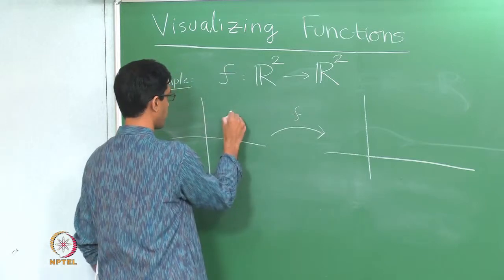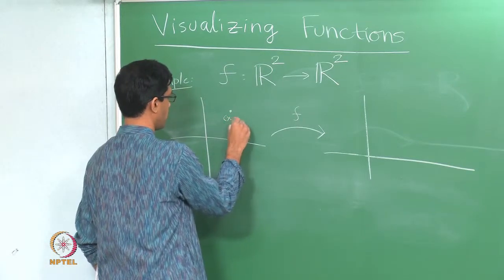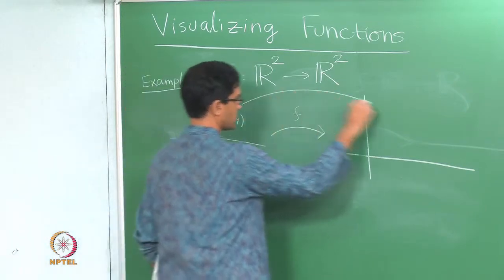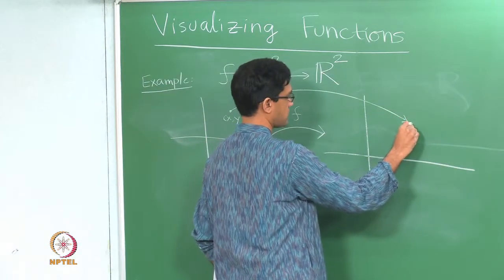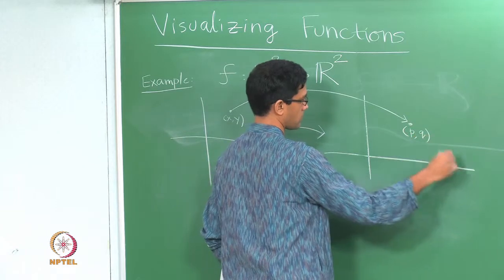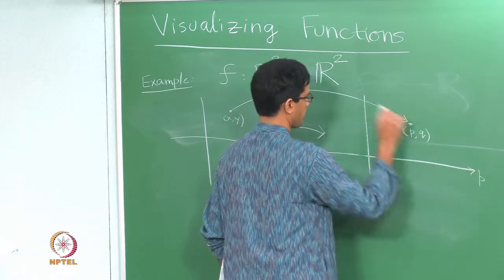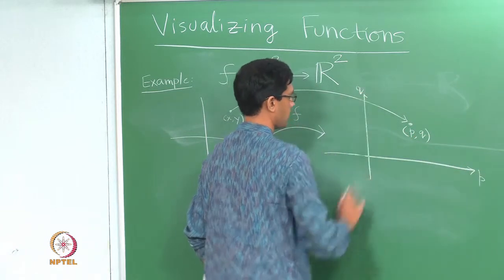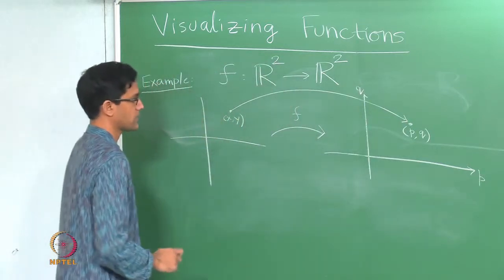So, what does it do for each point x comma y? It associates again a point on the plane. In other words, it associates two real numbers. So, maybe let us call it p comma q. I will think of this as being like the p axis and the q axis. So, to each x y it associates p q.